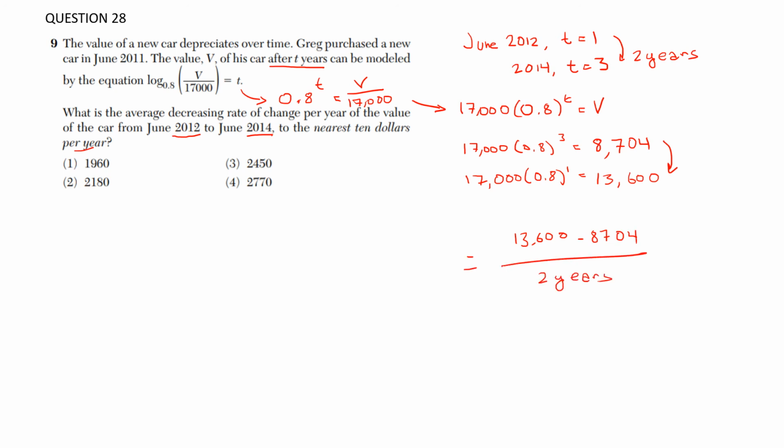And in this case, we get $2,448 per year. And then it asks us to round it to the nearest $10, so put simply, we can just round this up to 2,450.